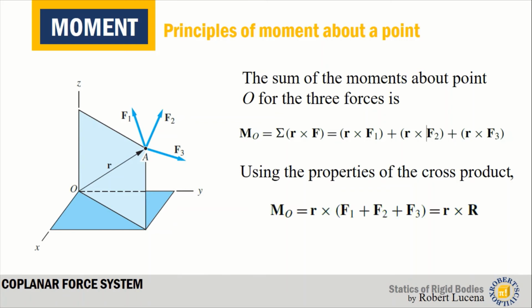And using the properties of cross product, we can say now that MO is equal to R cross (F1 + F2 + F3), or simply R cross R. Therefore, if we get the resultant of the force and multiply it, we can get MO.